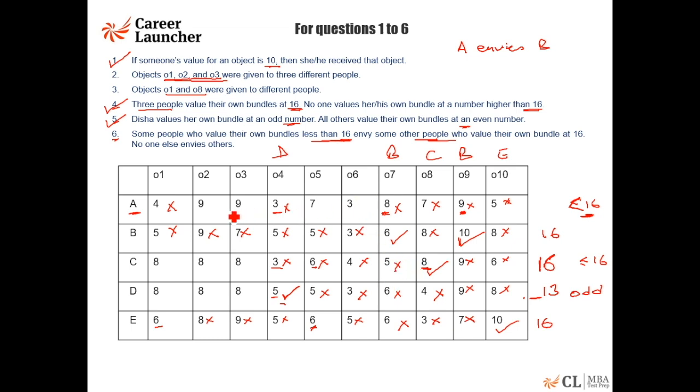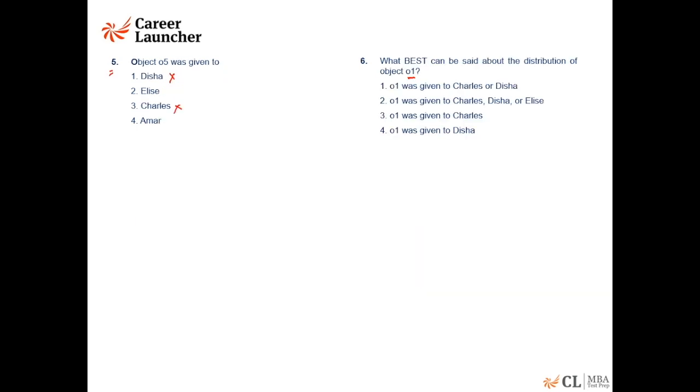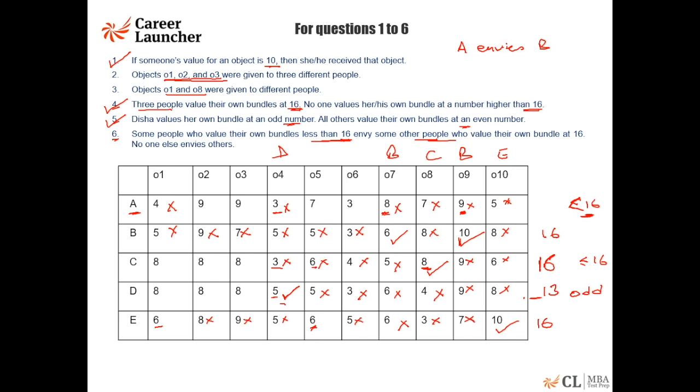When you look at A, we need to find A's value for his own bundle. We need to find O5, O6 and O1. Now let's look at E. Do we have anything?